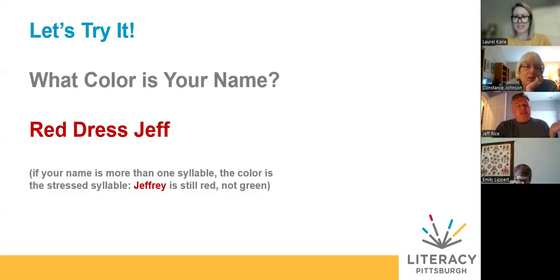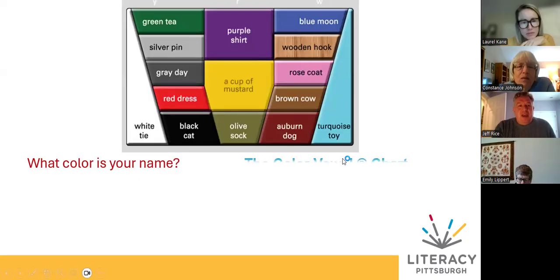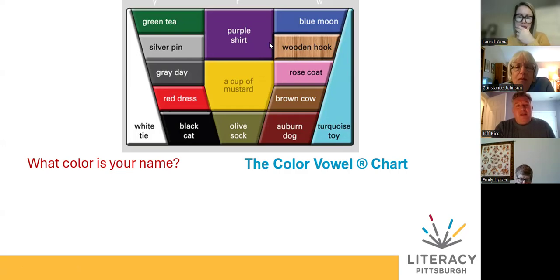Yes, a lot of red dresses today. Popular color. And let's see, one more in the chat. Auburn dog Laura. Auburn dog Laura, yes. Auburn dog down here on the right. Also, our co-host Laurel would be Auburn dog Laurel.